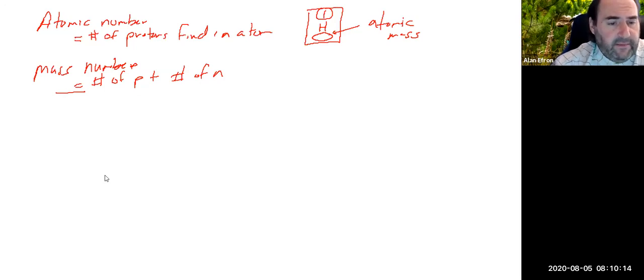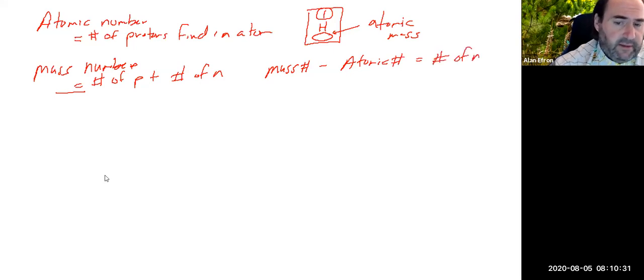But if you have the atomic number and the mass number, the benefit of both of those is that if you take the mass number minus the atomic number, it gives you the number of neutrons. So the number of neutrons can be found by taking the mass number minus the atomic number. When you calculate those things, they all should be positive whole numbers.